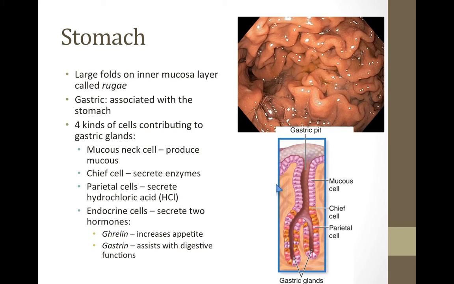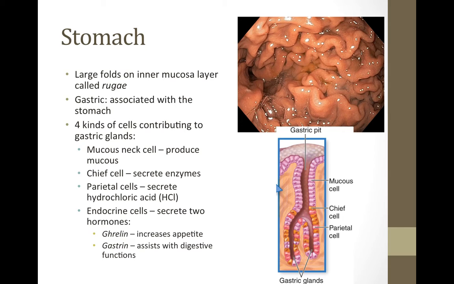Parietal cells are the cells that secrete hydrochloric acid, or HCl. Okay, hydrochloric acid is very acidic and helps in the digestion of mainly proteins. You also have a couple of endocrine cells, and these endocrine cells secrete 2 different hormones.